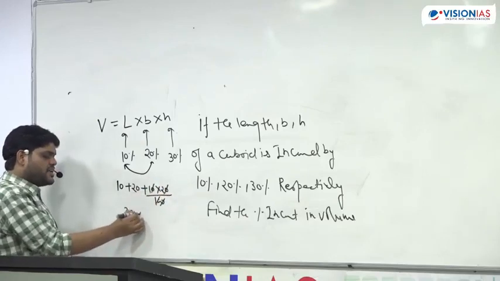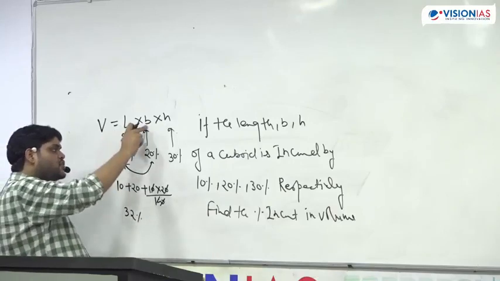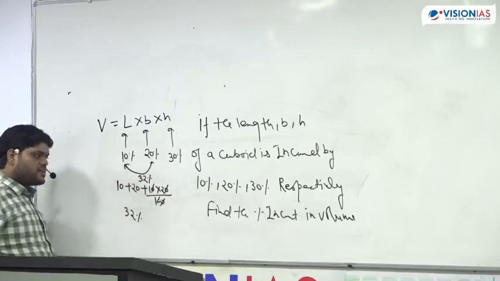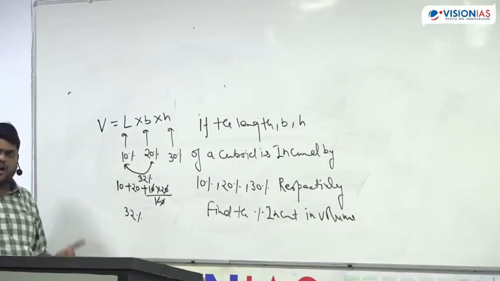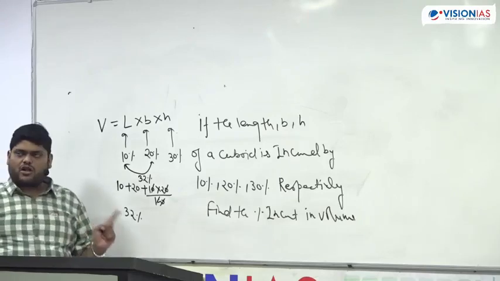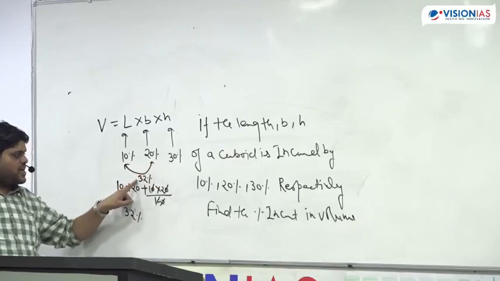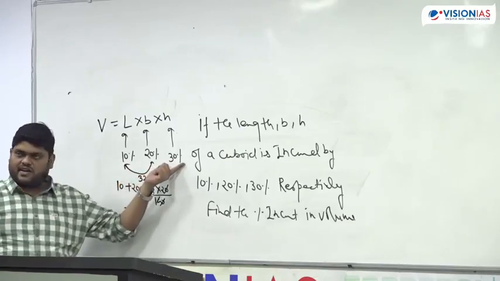This becomes 32%. That means a 10% increment in length and a 20% increment in breadth gives an effective increment of 32%. Now in the second step, to solve this problem by the AB formula, you have to apply it between the effective value and the third value.